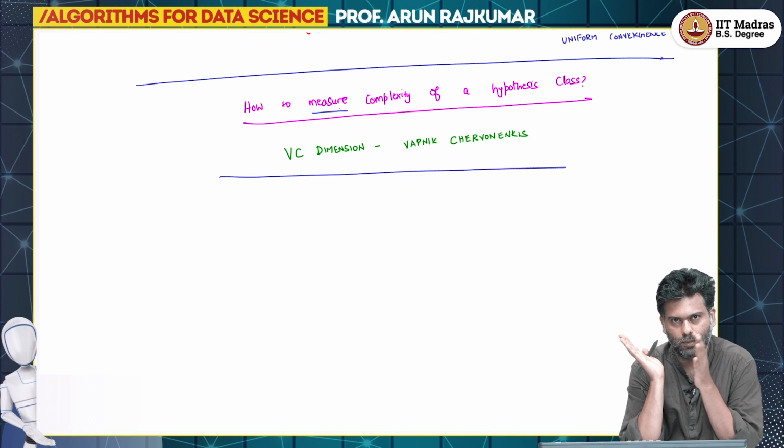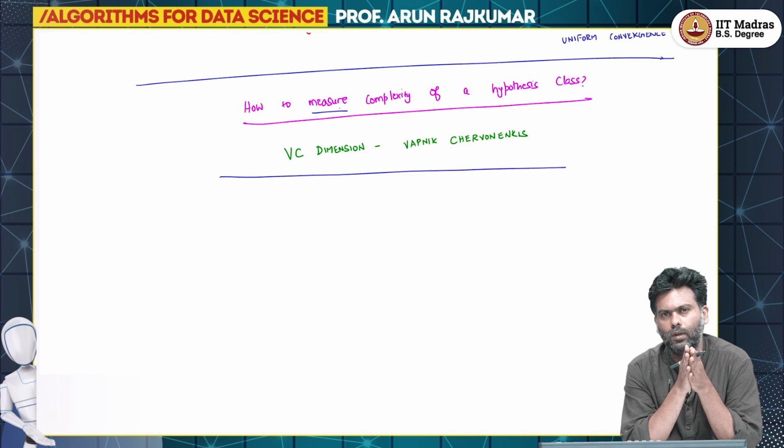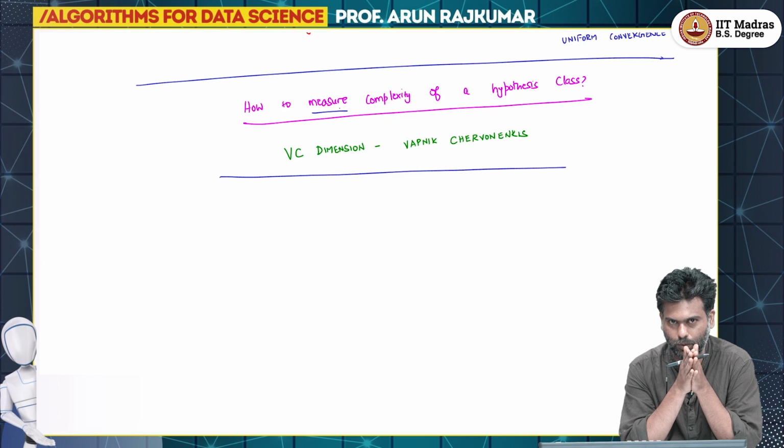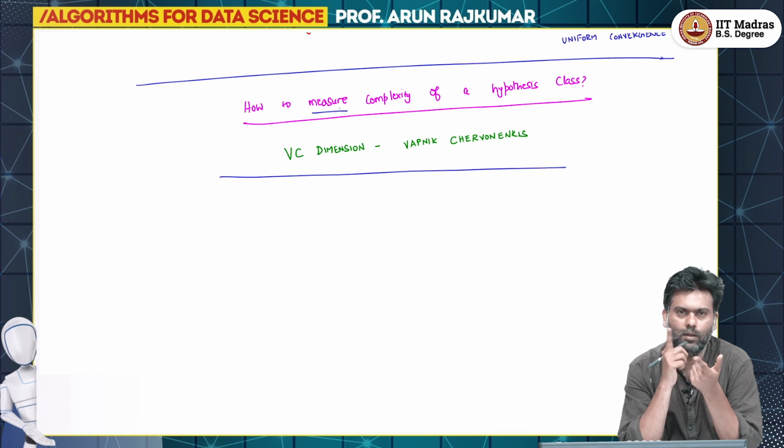Again, before I do that description, let's not forget why we are doing this. We are doing this because we want to understand whether train error and test error get closer and closer to each other as we get more and more samples if we learn from a specific hypothesis class. We know that if the hypothesis class is finite, this happens.